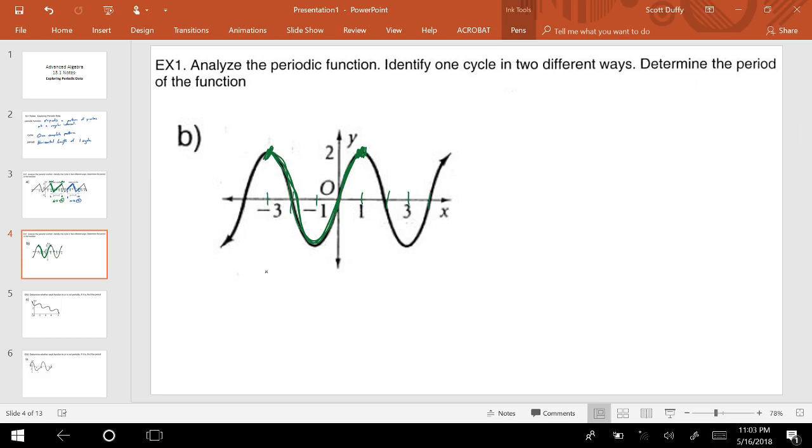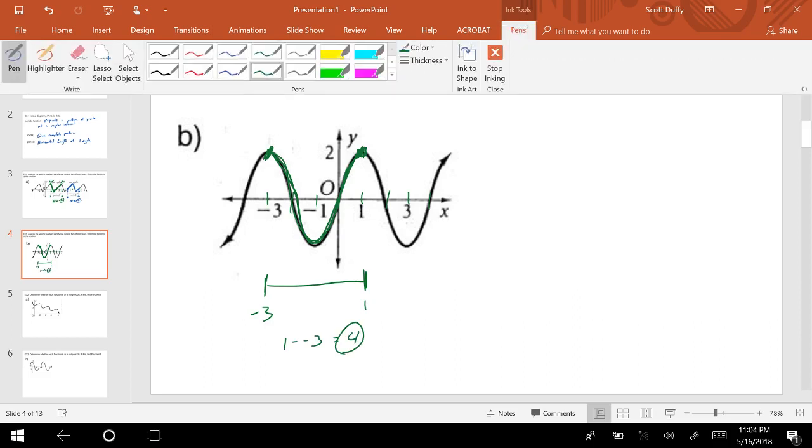What we see is that the period goes from -3 to +1. The difference, if you take 1 minus -3, that equals 4. So your period should be 4.